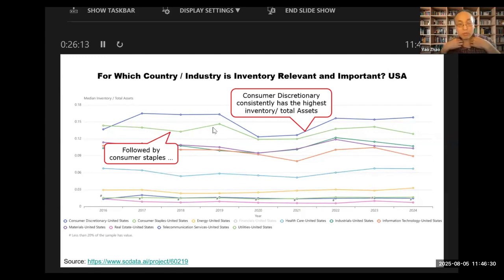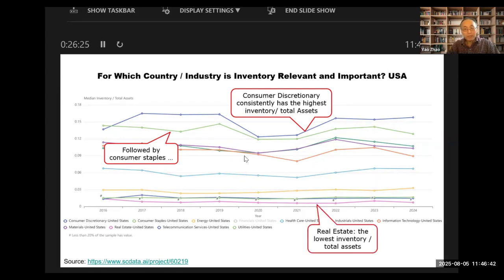So in these industries, you typically find a lot of inventory problems, like retailing, like groceries, like automobiles and so on, or fashion apparel and so on. In terms of real estate, the US has the lowest inventory over total assets ratio. This is the industry median. So you won't typically find inventory problems in the real estate industry in the US.